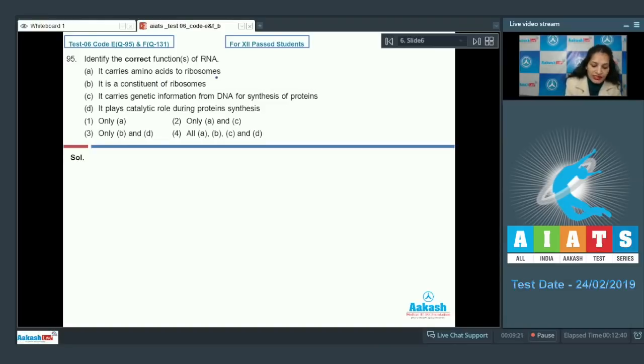It carries amino acids to ribosomes. It is the function of tRNA. B. It's a constituent of ribosomes. rRNA is a constituent of ribosomes. C. It carries genetic information from DNA to mRNA to synthesize proteins, and it is a function of messenger RNA or mRNA.